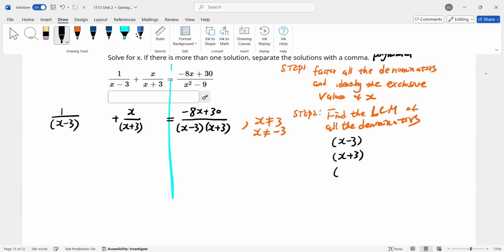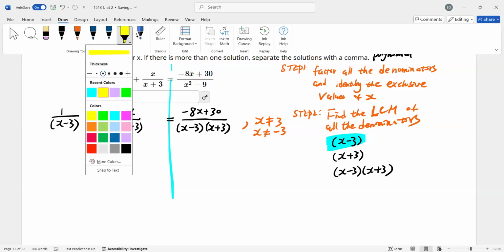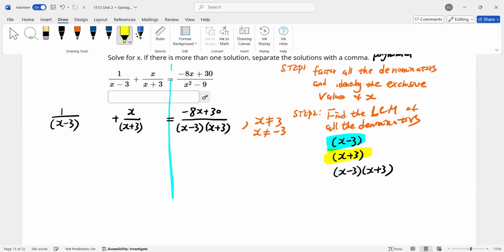And the third denominator, x minus 3 times x plus 3. Those are 3 things, blue, yellow, green. We are looking for the LCM of those 3 things.